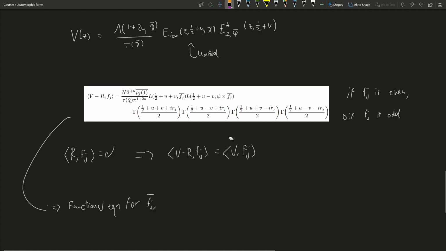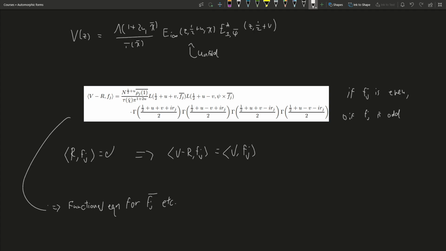Well, okay. I guess the functional equation implies the product of these things, but I'll just write it for this, etc. So you can do it this way. You can also look up the functional equation.